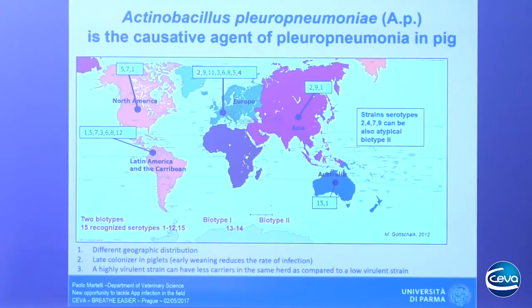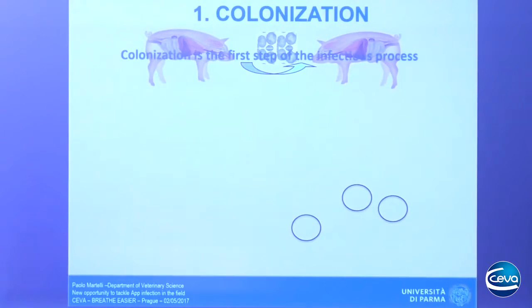Transmission and virulence. Okay, that's some remark about pathogenesis. The first step of the infectious process is obviously colonization.